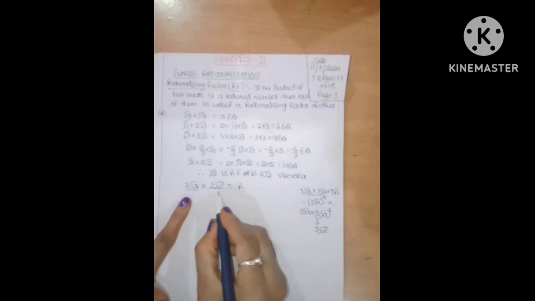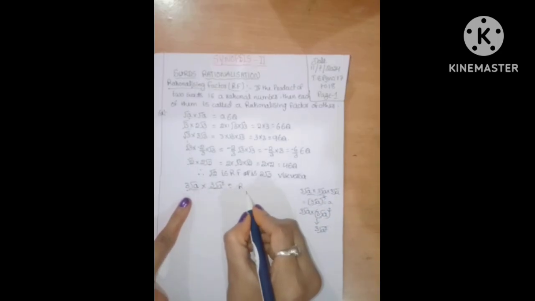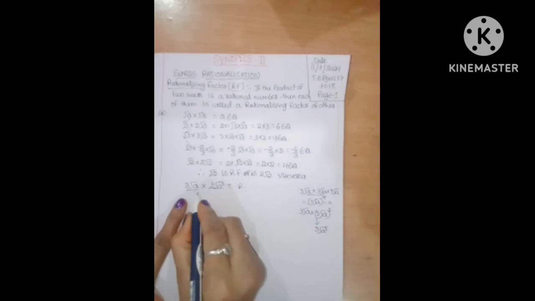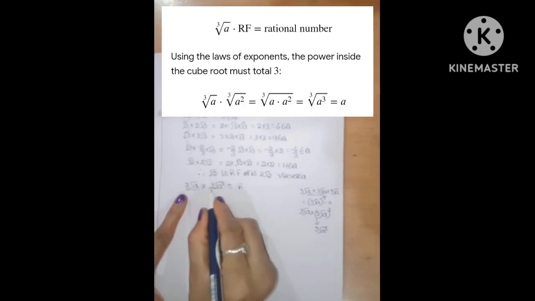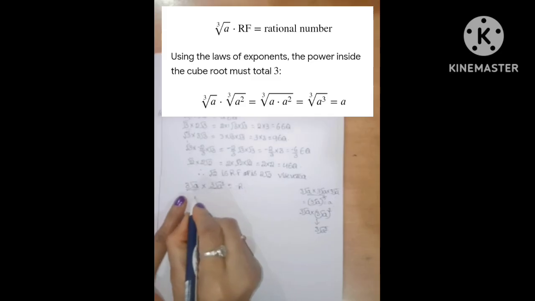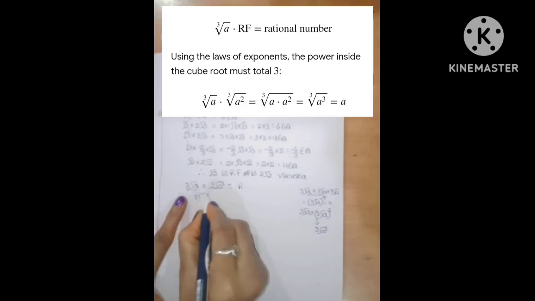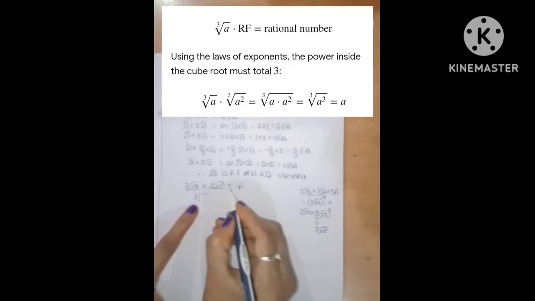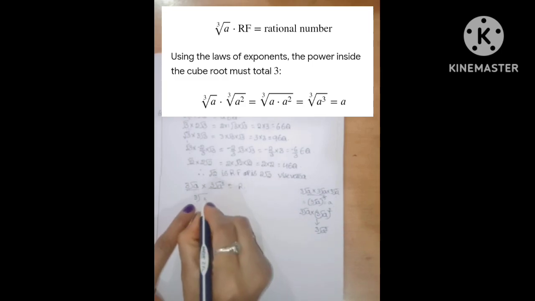The product of these two, does it give a rational number or not? Yes, a rational number. Here the order is the same, so the product has the same order, and next is the product of the radicands. Here a times a squared is going to be a to the power of 3.